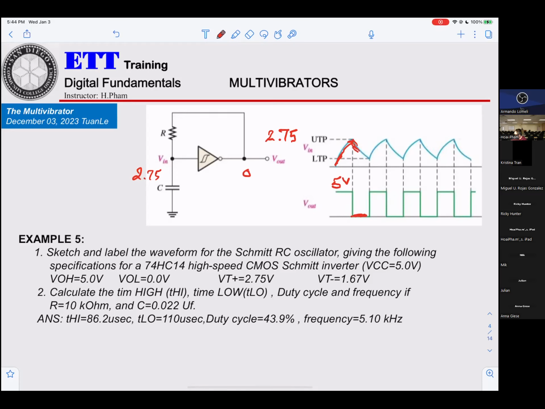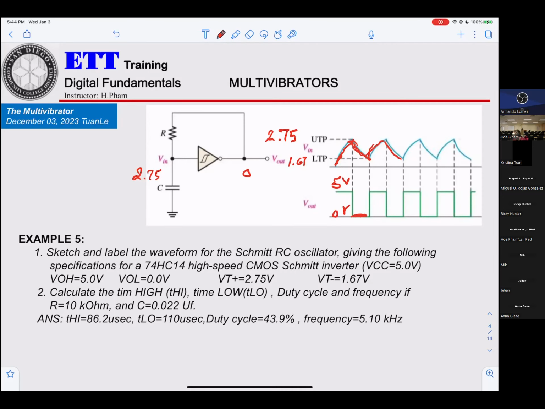When they discharge, up to the point will be 1.67, logic low. Then the output will be high again, and it keeps going, same thing. That's why you can get the signal output just like a square wave, logic 0 and logic 1 going. That's how they work.